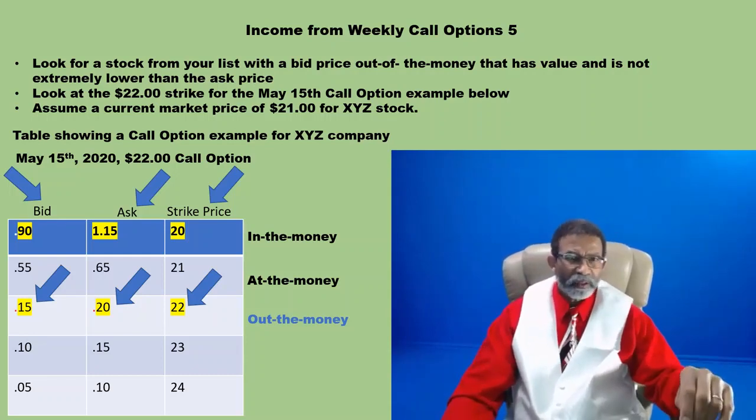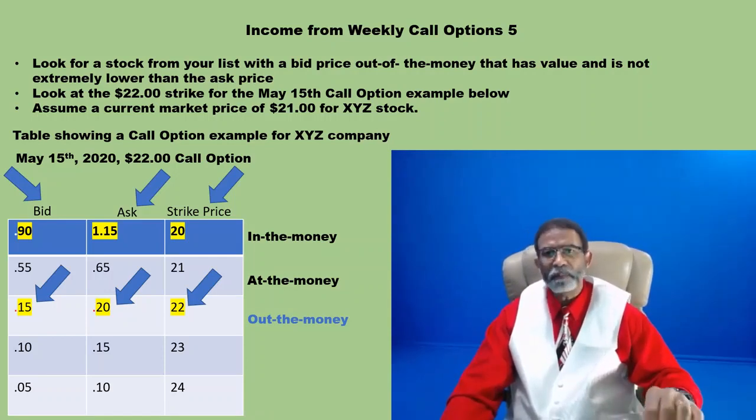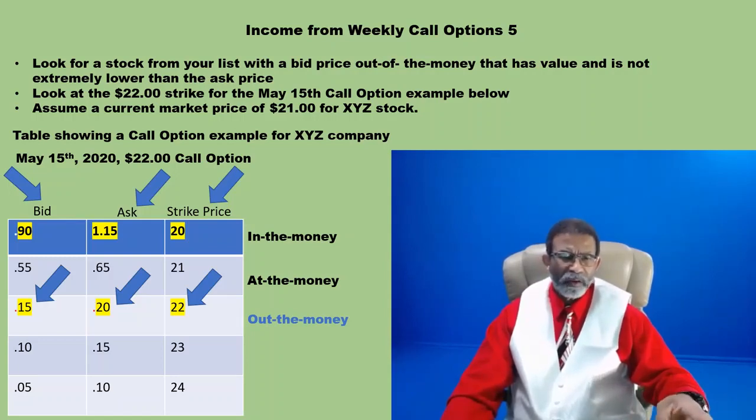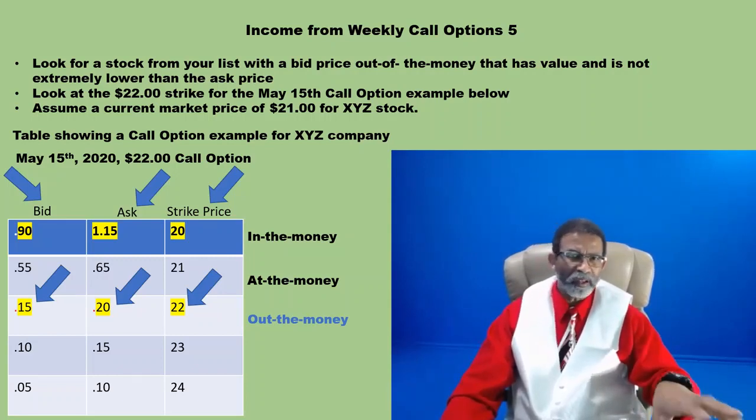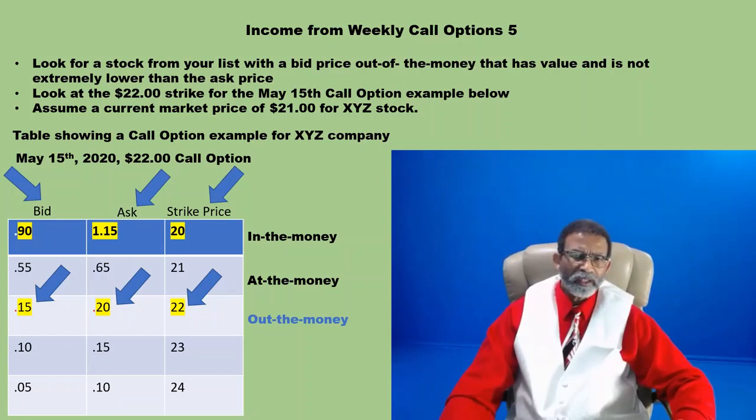Assuming that you have a $21 current market price, you see that the out of the money option is here at 15 cents a share for the bid price and 20 cents a share for the ask price. We're going to go further in this example, but take a look at this and see how you could actually approach this particular situation and actually make money selling a call option.